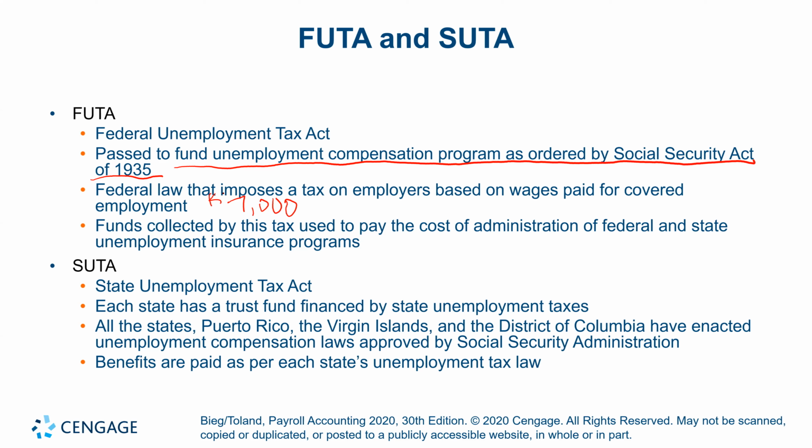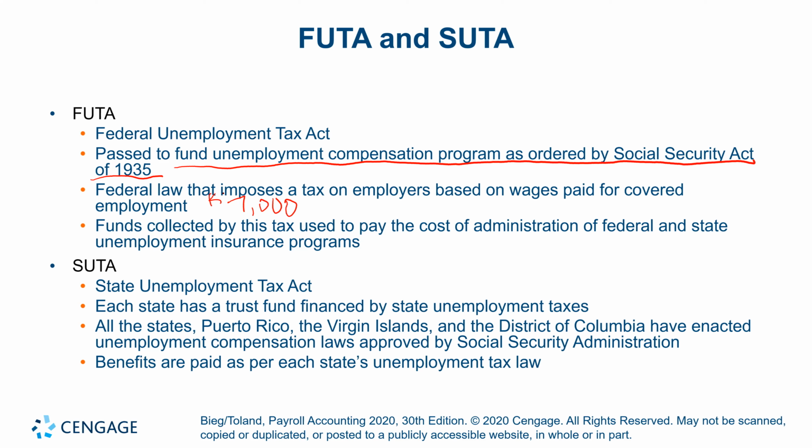And then SUTA, the State Unemployment Tax Act. Each state has a trust fund financed by state unemployment taxes. All the states, Puerto Rico, the Virgin Islands, and the District of Columbia have enacted unemployment compensation laws approved by the Social Security Administration. Benefits are paid as per each state's unemployment tax laws.